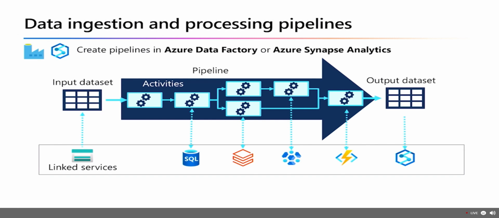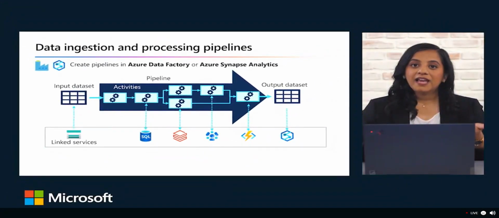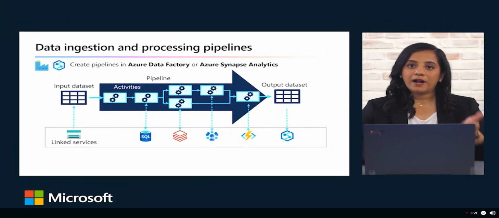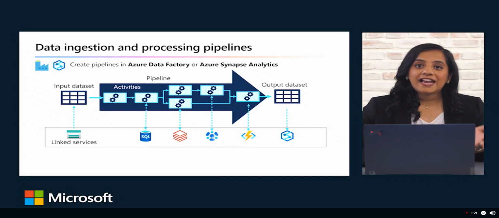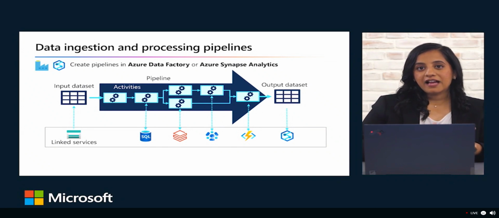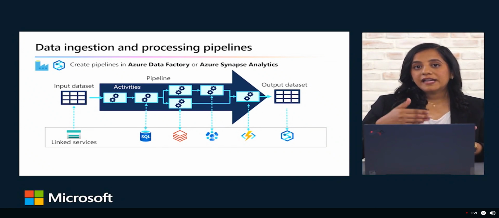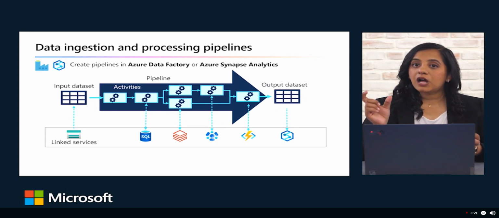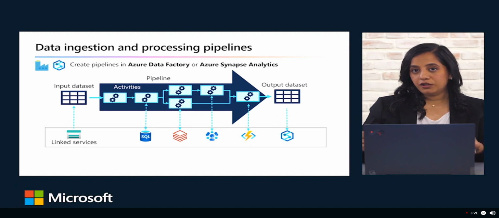In both cases, the pipelines consist of one or more activities that will operate on the data. An input data set provides the source data, and activities can be defined as a data flow that incrementally manipulates the data until an output data set is produced.